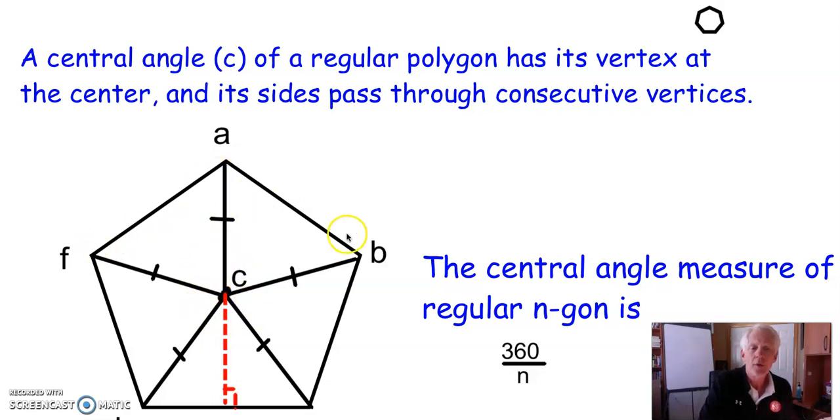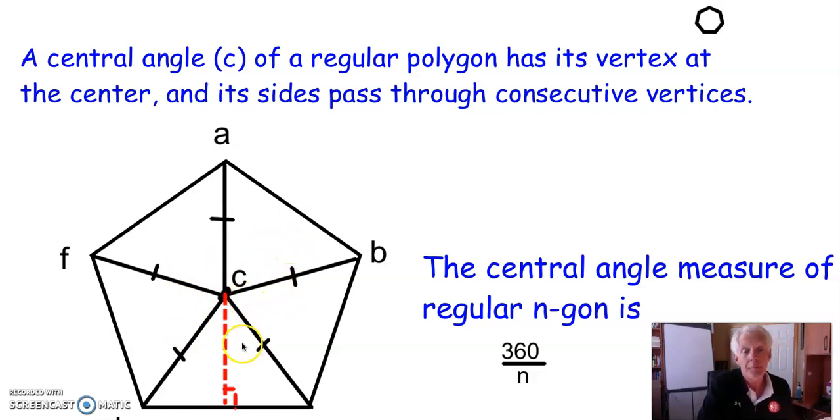Since this example is a pentagon, to figure out the central angle, you simply take 360 and divide by the number of sides. So this angle right here would be 360 divided by 5, which is 72. That's 72, 72, 72, 72, 72. They all add up to 360.